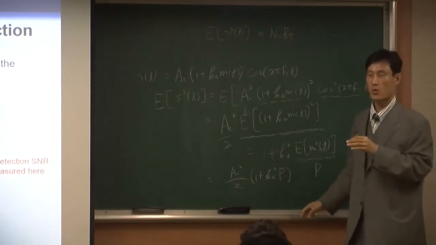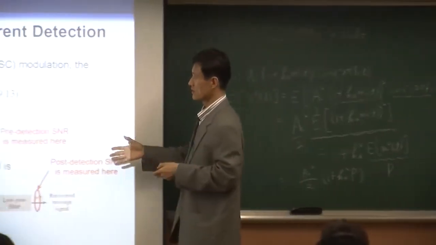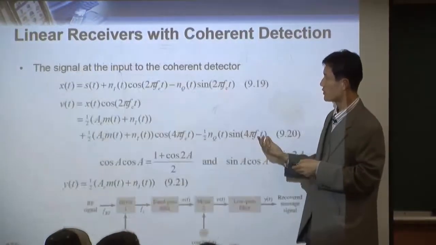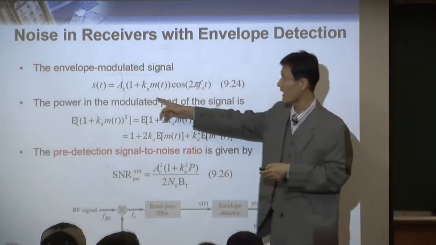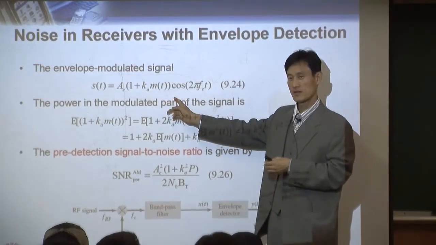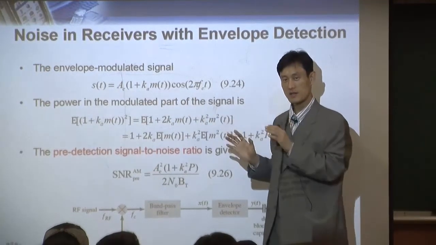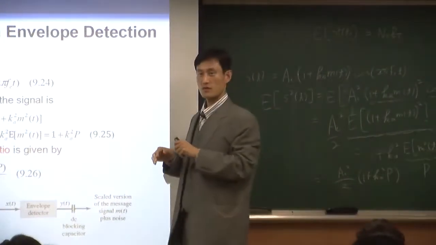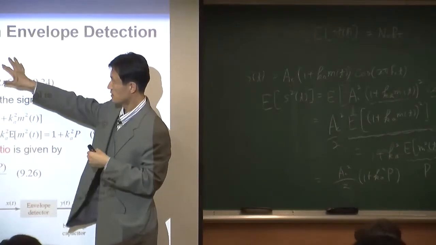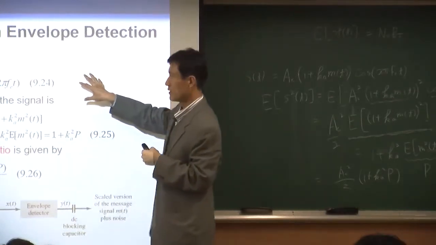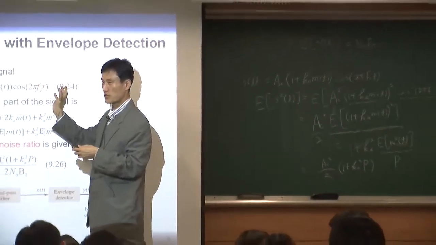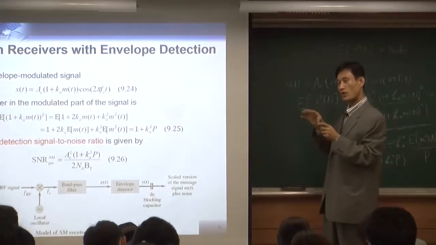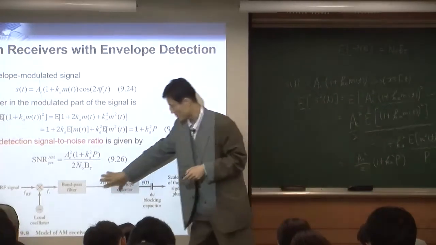It doesn't matter what demodulation you use. This is the case we use DSB. Right now we are talking about DC added amplitude modulation, but it doesn't matter. From this noise point of view, it doesn't matter because DSB or DC added modulation or single sideband modulation or FM modulation, all of those are different here at the receiver.